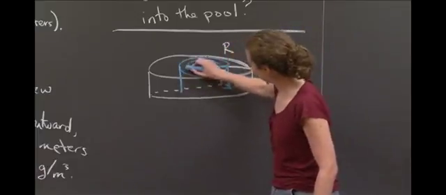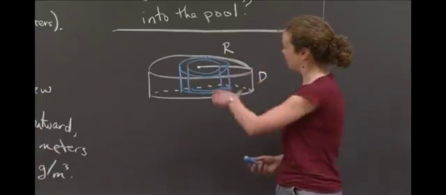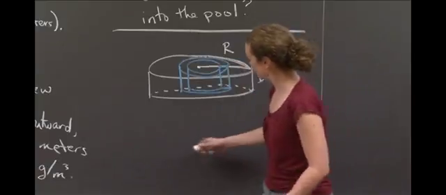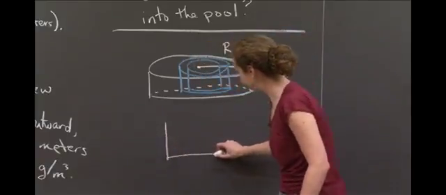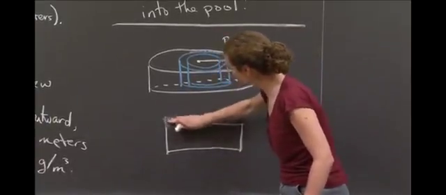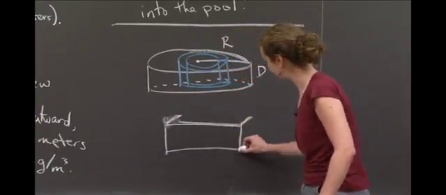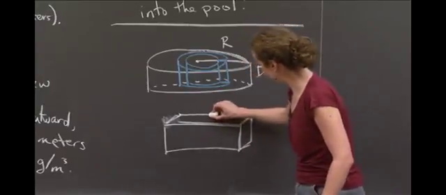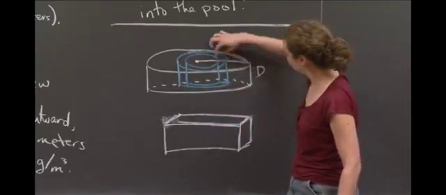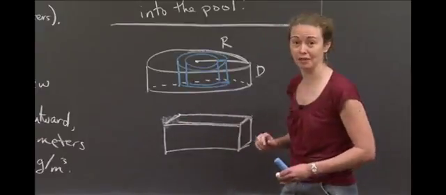So I'm hoping that you can see kind of what this drawing is doing. Essentially, if we open that up, this blue cylindrical shell is approximately a little prism. So if I were to cut this blue cylindrical shell open and lay it down flat, it would be approximately a piece kind of like this, right?